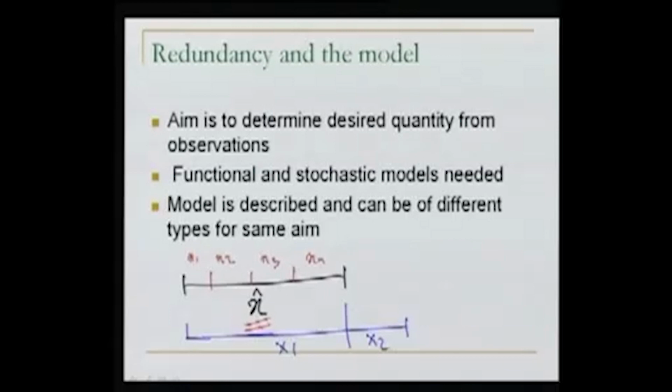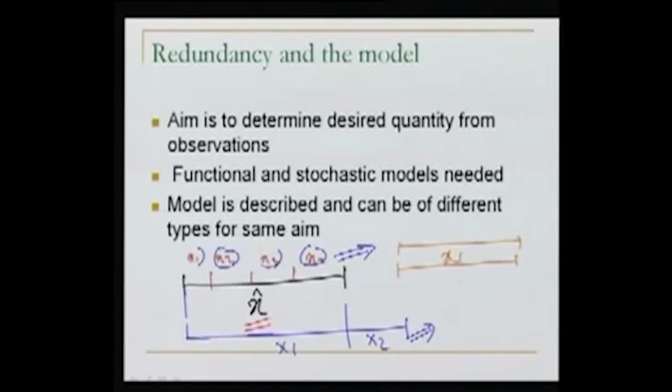So these two persons have different models. Similarly, someone says, why do all these observations? He measures this length. I will show it by a different color. Okay, he measures this length. For example, if this is the length, he measures this length only once.